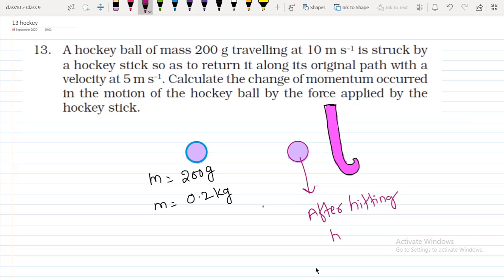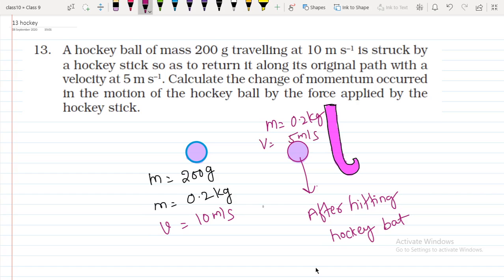After hitting the hockey bat. Before hitting the hockey bat, the ball is moving with velocity, this I can take as 10 meter per second. After hitting, the ball's mass does not change, it's 0.2 kg only. But what has changed? The velocity, which is given as 5 meter per second.